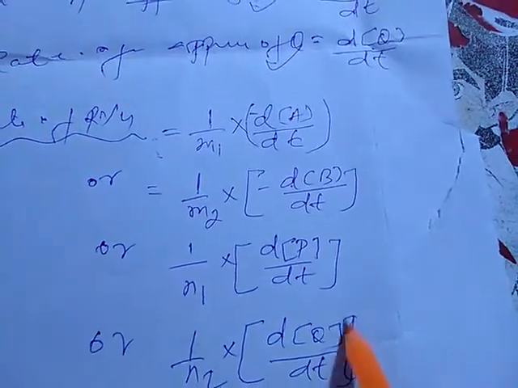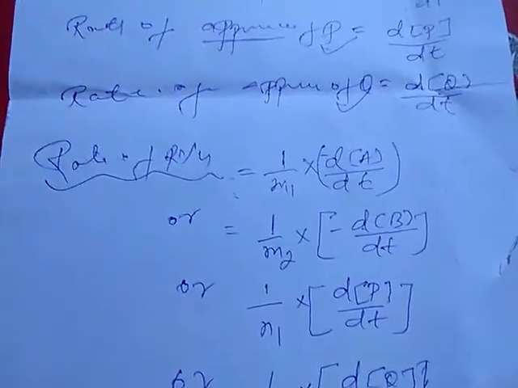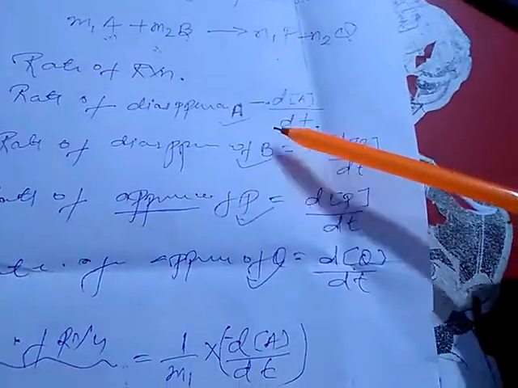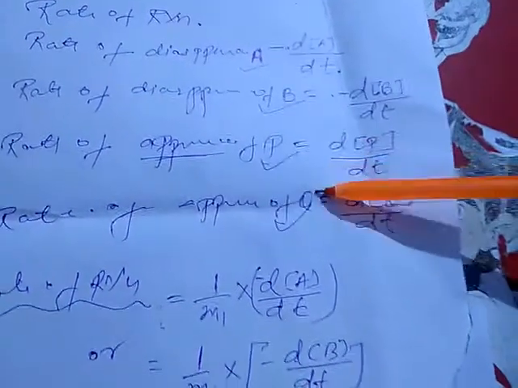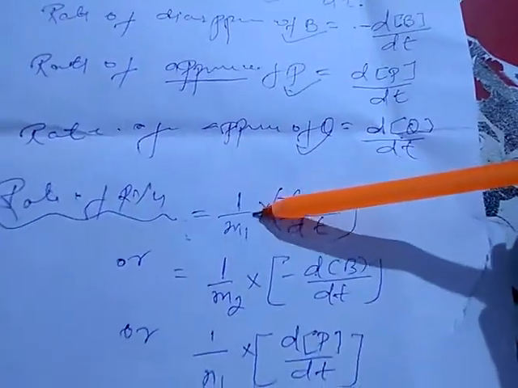So for calculating the rate of the reaction, we have to take any one from the above, either from the reactants or from the products, and stoichiometry will be used in this form.